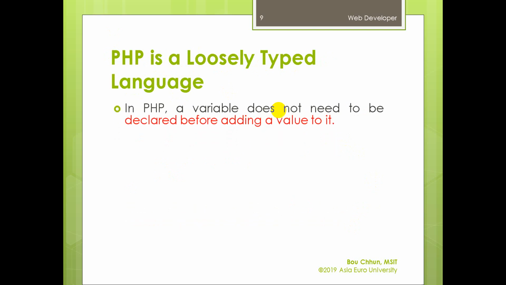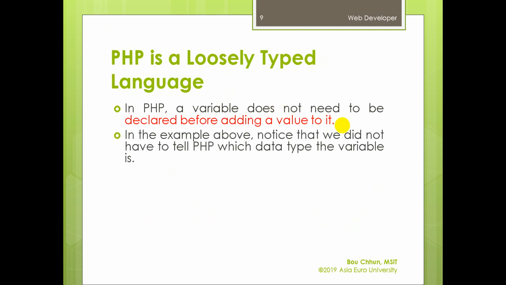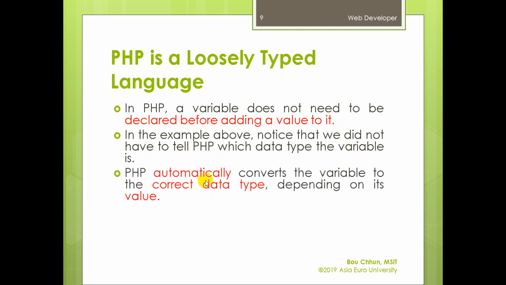In PHP, a variable does not need to be declared before adding a value to it. In the example above, notice that we do not have to tell PHP which data type the variable is.